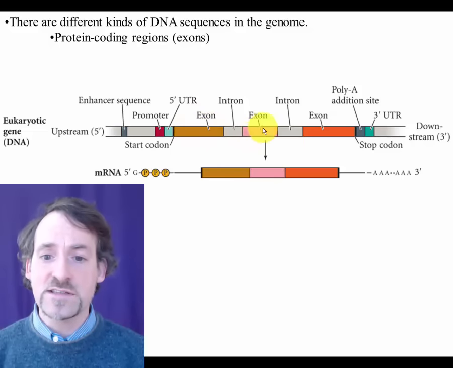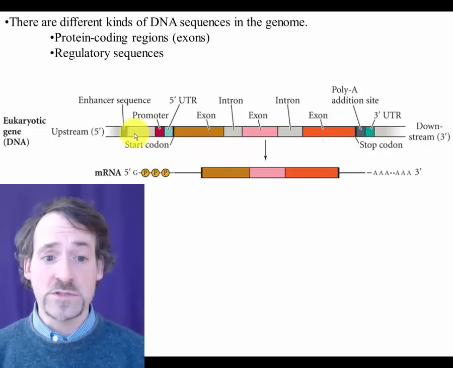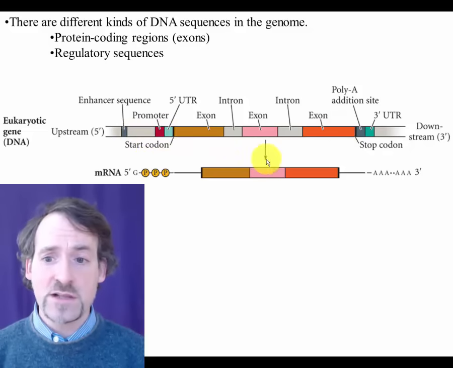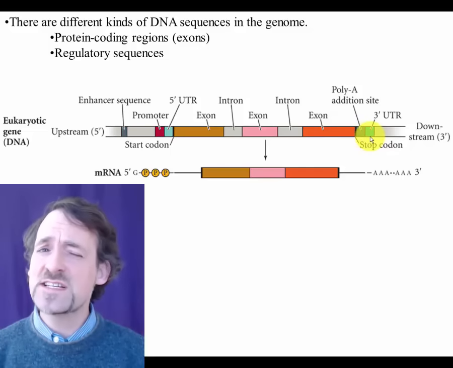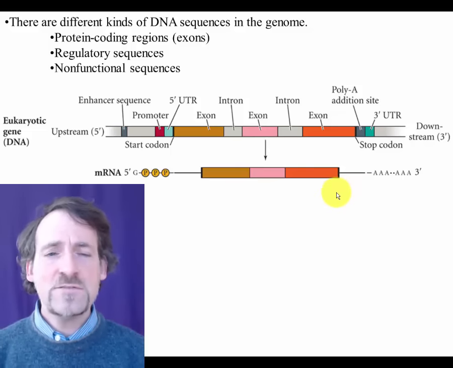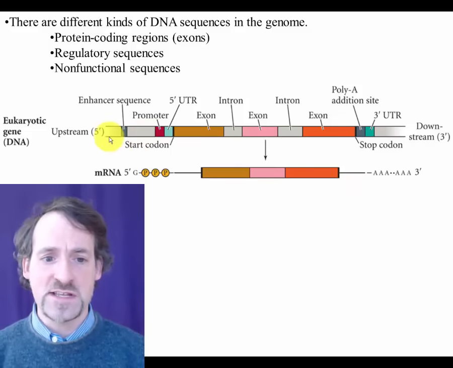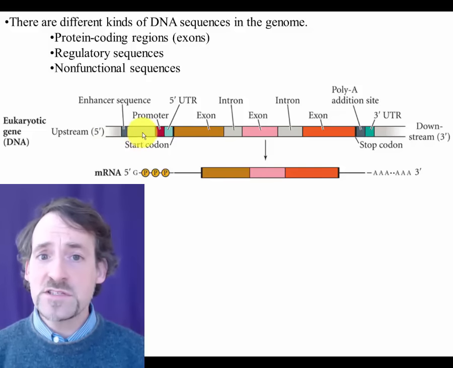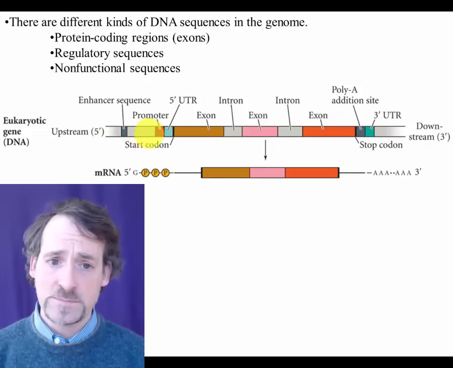Those are the exons here. There are regulatory sequences, which are all these other colored bands. They have a function, but their function is not to be translated into protein. And finally, we have the gray areas in this diagram. Those are sequences that do not have a function.